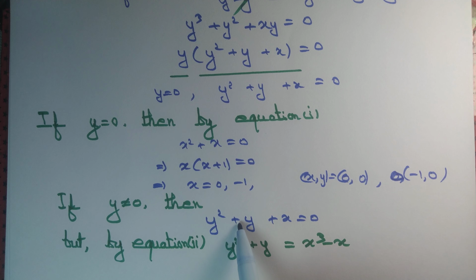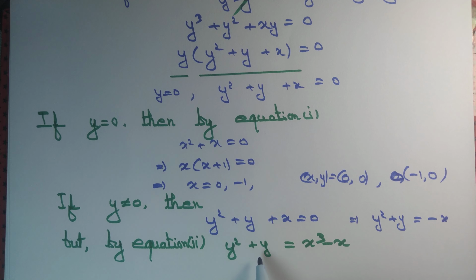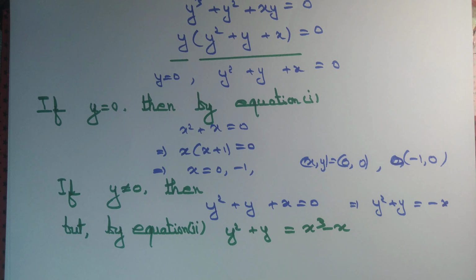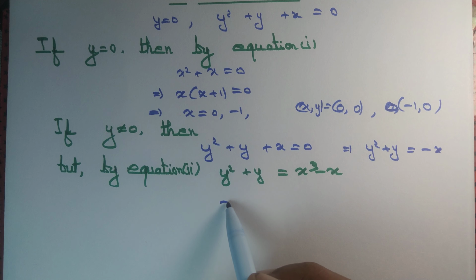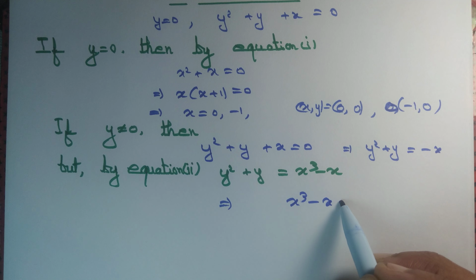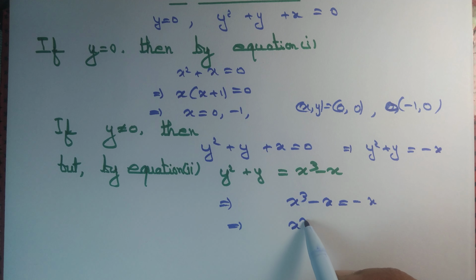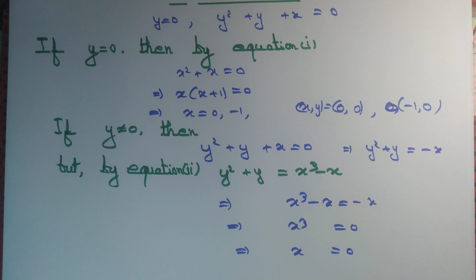From the previous equation we see that y square plus y equal to minus x, and from this equation we see that y square plus y equal to x cube minus x. So we can combine these two to say x cube minus x equal to minus x. We cancel minus x out, so x cube equal to 0. So from there we conclude x equal to 0.